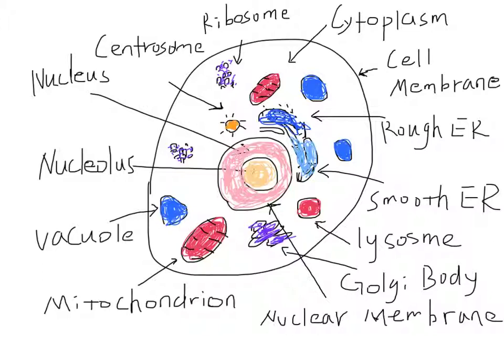And the other, smooth ER, a vast system of interconnected membranes, fluid-filled and convoluted tubes that are located in the cell cytoplasm. The space within the ER is called the ER lumen. Smooth ER transports materials through the cell.